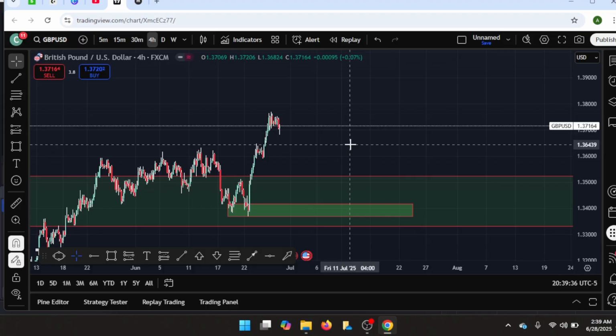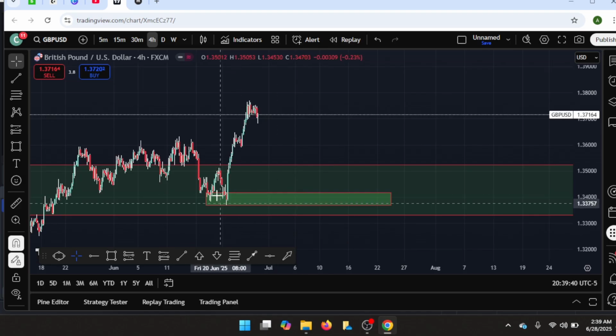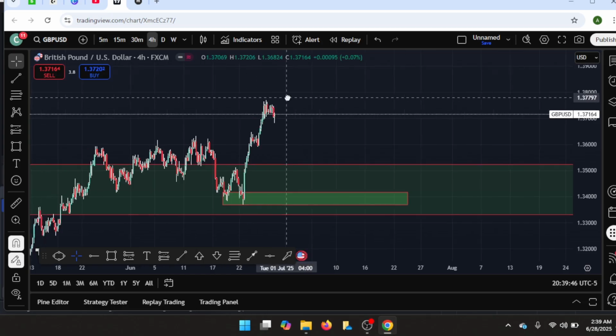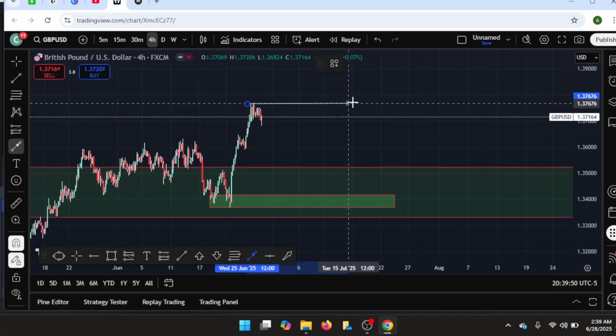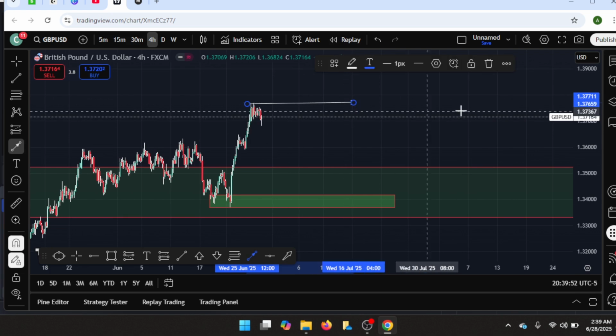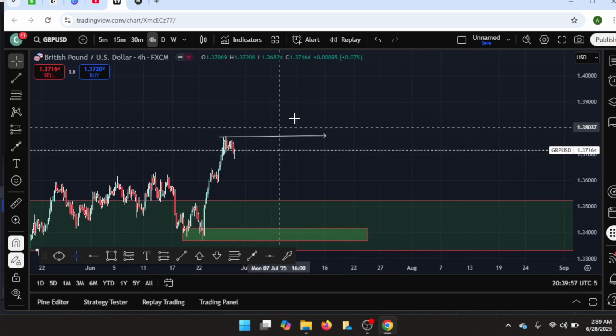Let's go back to the chart. Now, this is my current low. This is my current high. Take note, we are just assuming this is the high.